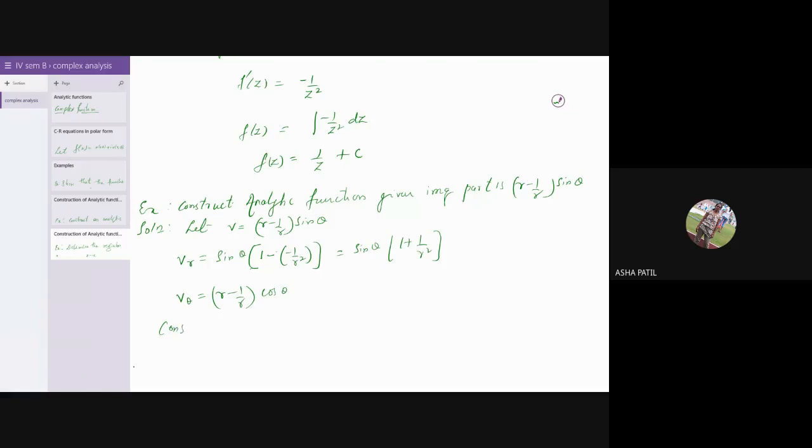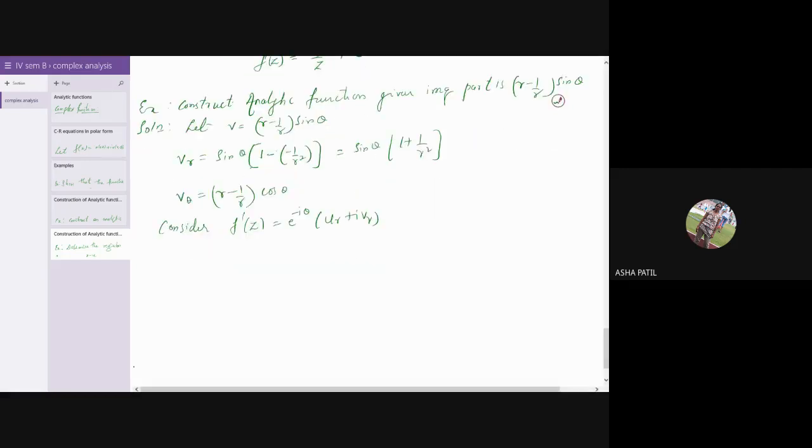Now consider again the derivative. f dash z is equal to e raised to minus i theta (ur plus i vr). Using CR equations, what is ur equal to? r ur equal to v theta.